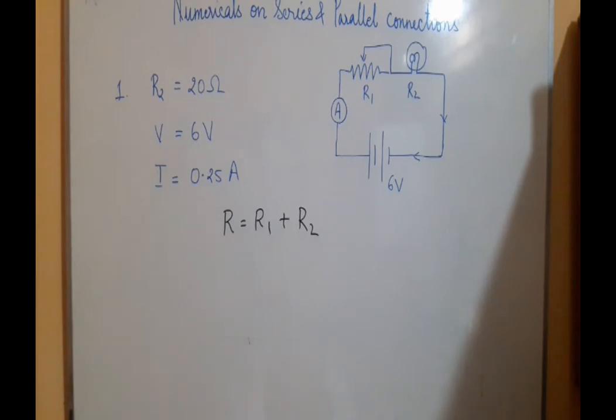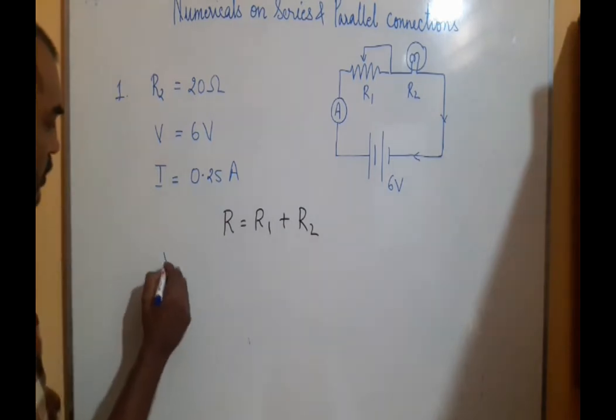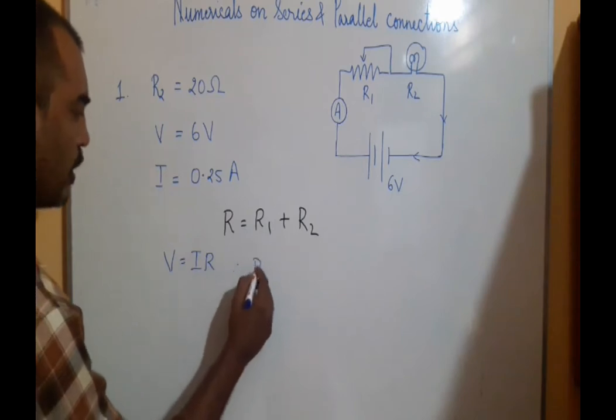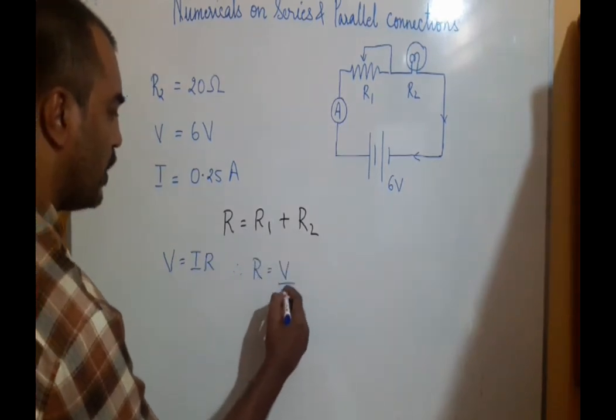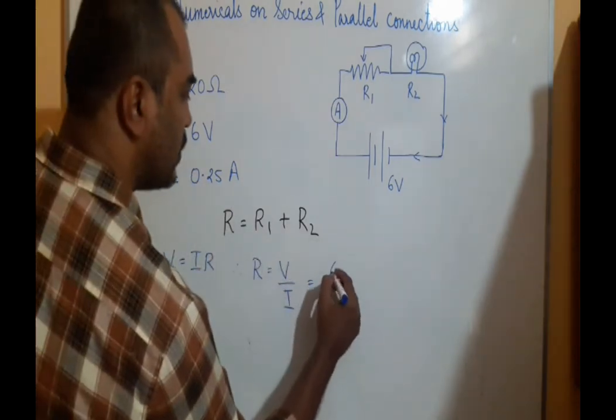So by using Ohm's law, I hope you remember Ohm's law. Ohm's law is V is equal to IR. Therefore, R is equal to V upon I. Now what is the voltage given here? 6 volt.